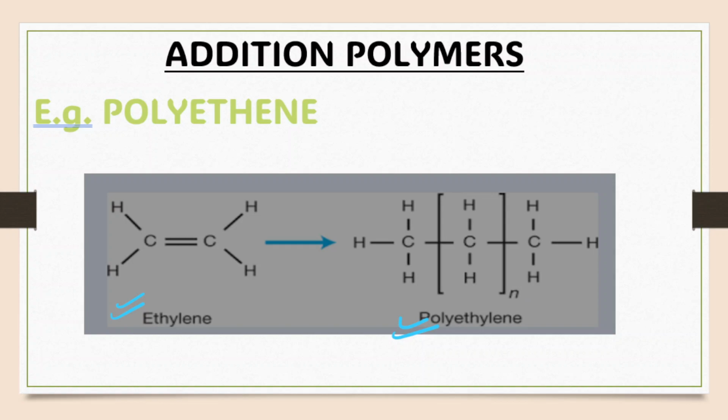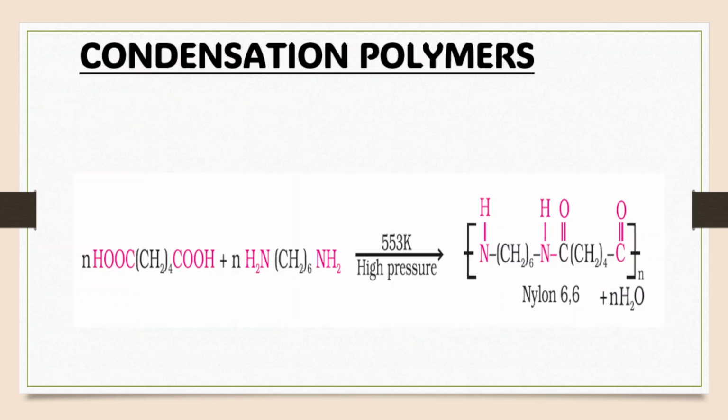So next is the condensation polymers. This is a little tricky, but it is very easy, and we have to remember some things. First, we have to remember the names of monomers. So these reactants are monomers.